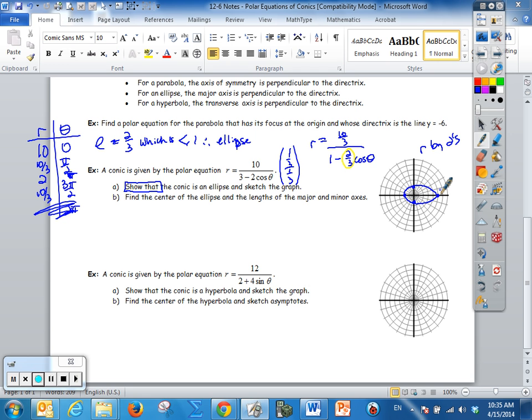We really can't get the center out of here, like we can with a regular ellipse equation, a rectangular one, where we can get the center out of it. We're really not going to be able to do that here. So the best thing to do would be to graph it and just count to the middle. So let's see where that would put the center.